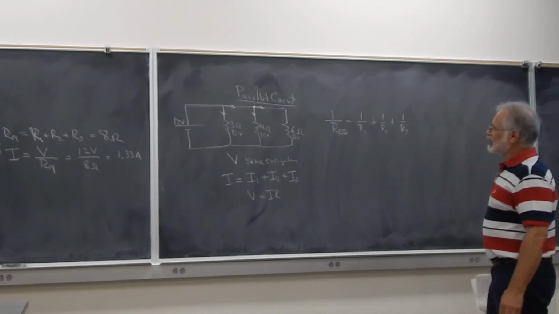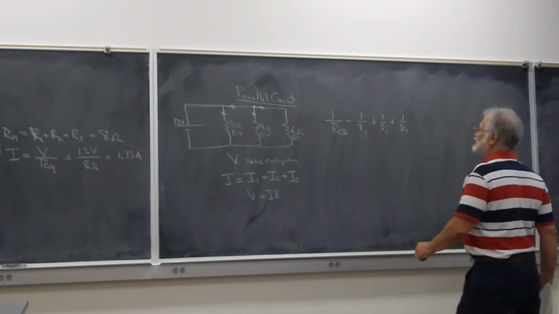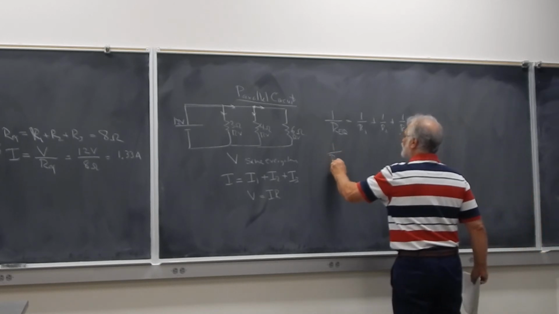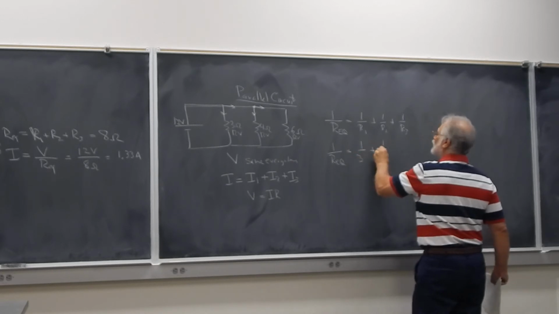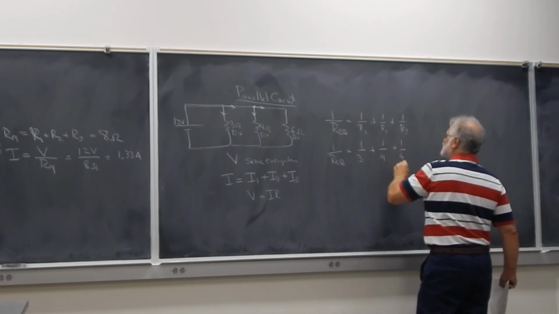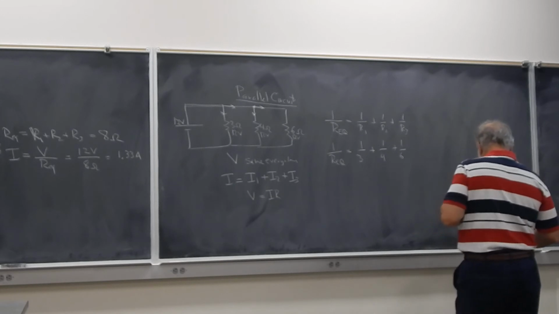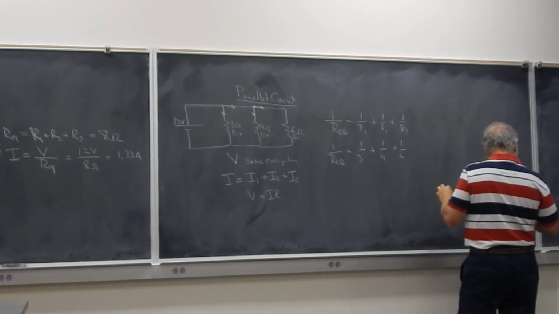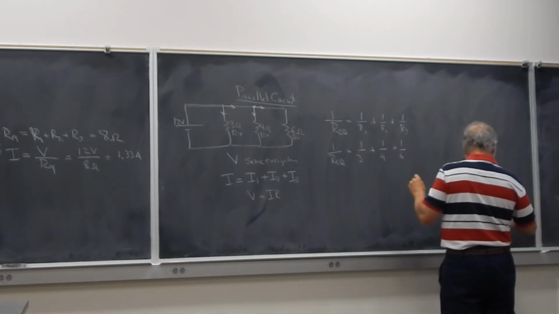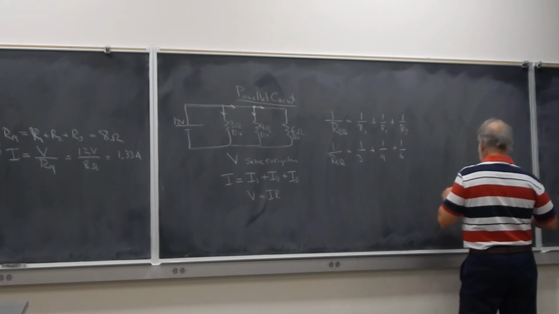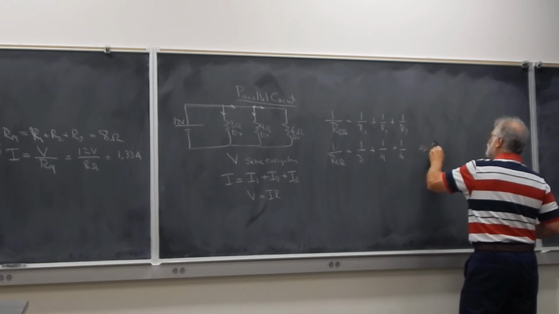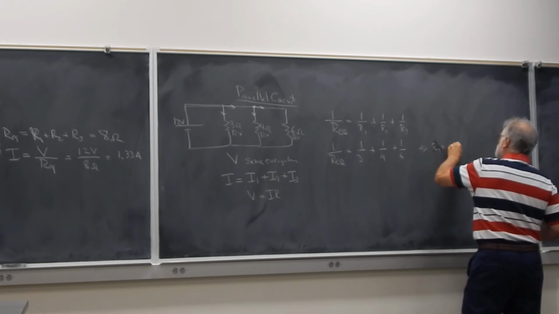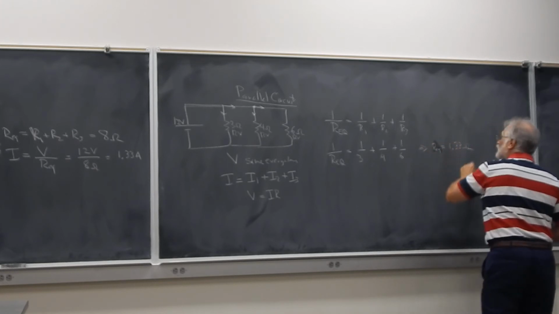In this particular case, I can find the equivalent resistance simply by saying 1 over R equivalent is equal to 1/3 plus 1 over 4 plus 1 over 6. I get a common denominator that's 12. And so R equivalent is going to be 1.33 ohms.